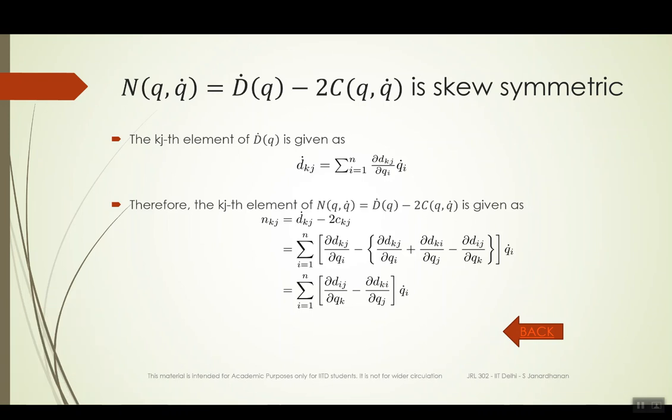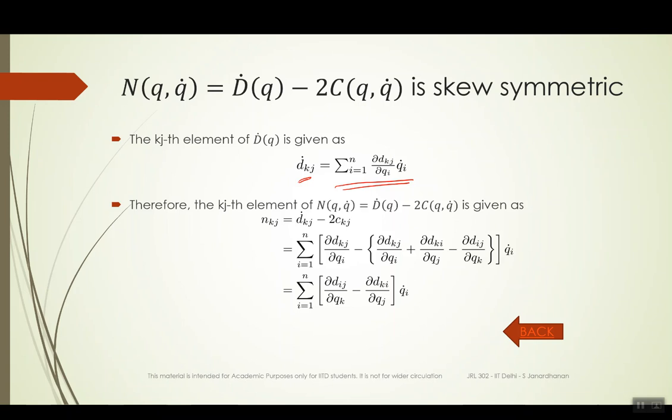If you see the inertia matrix for a robotic manipulator and take its time derivative, of course, if you have d_kj, the time derivative of the inertia matrix is a summation of partial derivatives with respect to q_i and q_i dot.